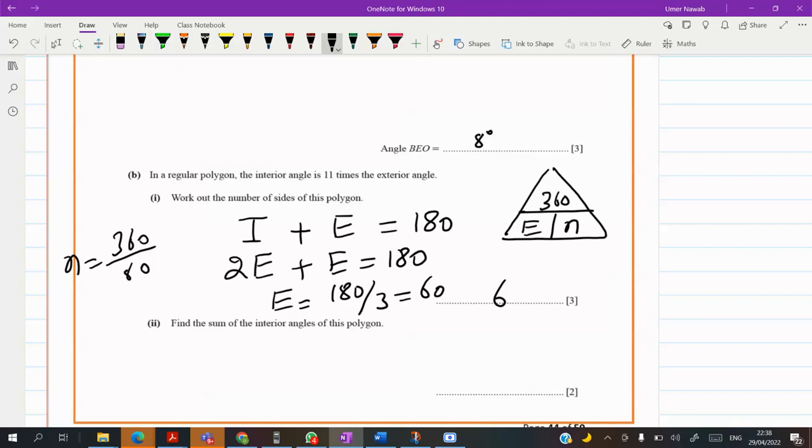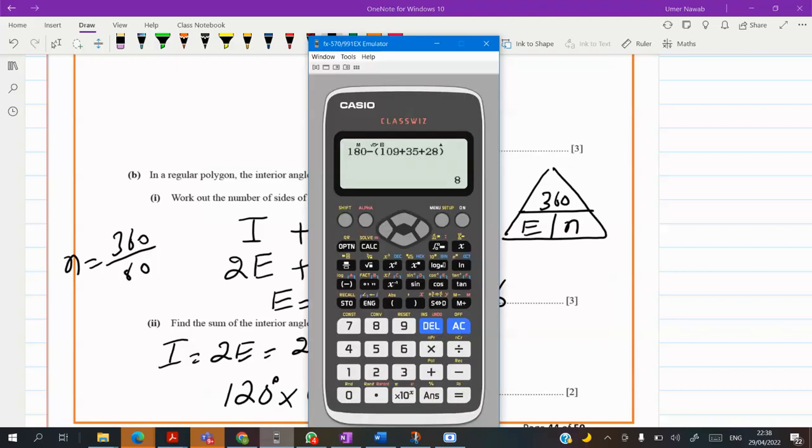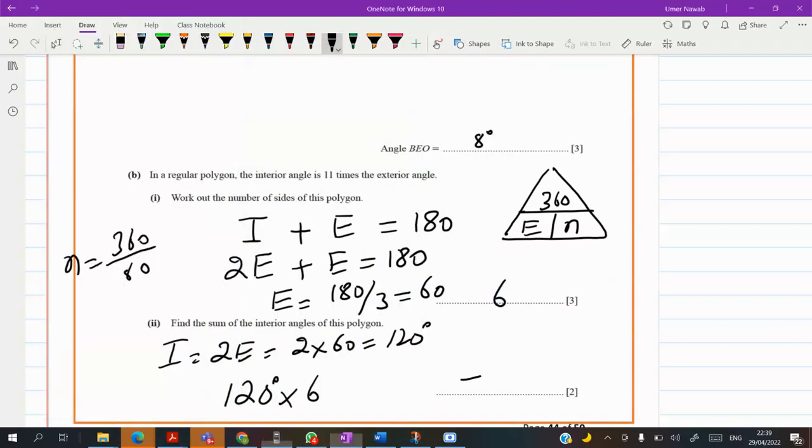Sum of the interior angles of this polygon, if you know one interior angle, which is 2e, so 2 times 60 is equal to 120. That is the interior angle. How many sides does it have? It has 6 sides, so just multiply them. 120 times 6 gives you 720.